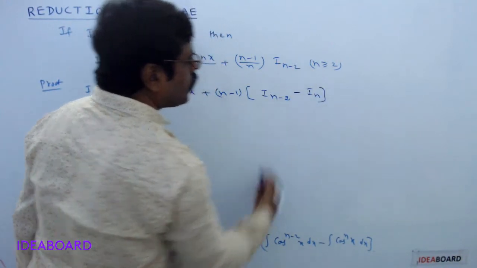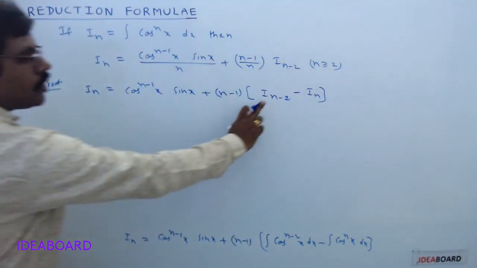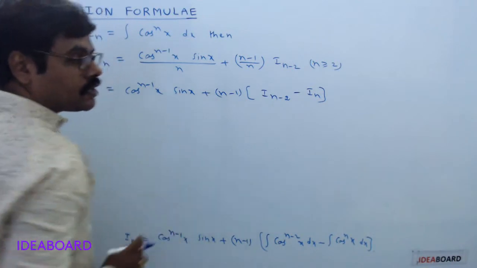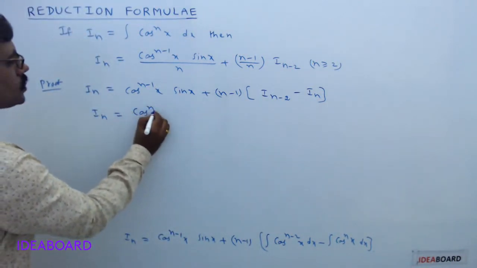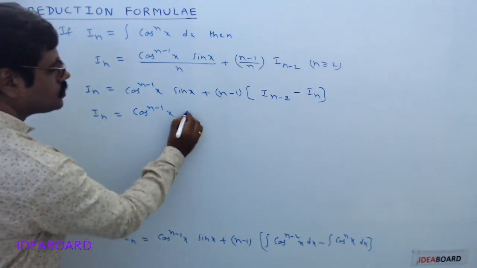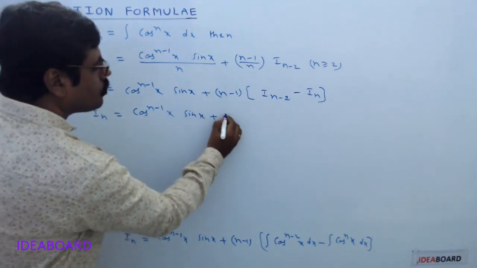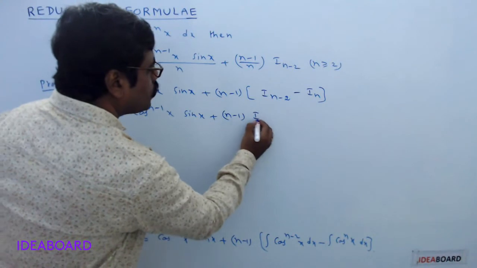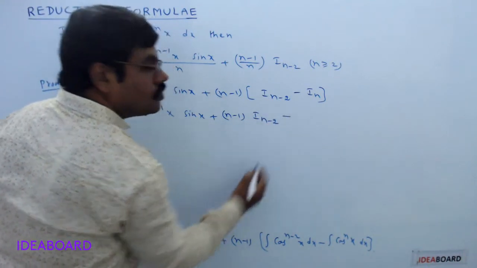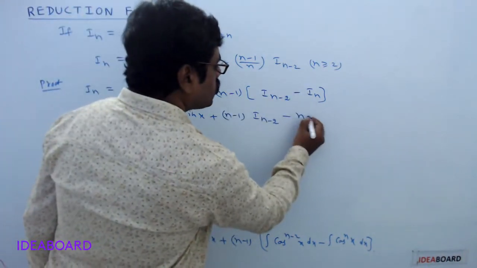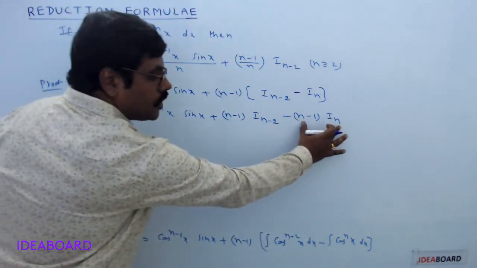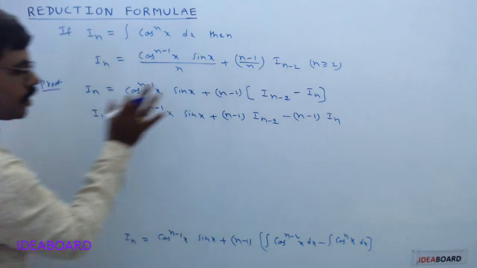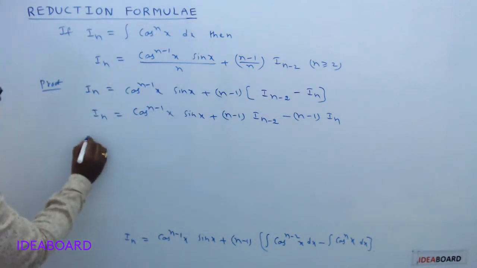So minus In. Now multiply these two terms with this n minus 1. So In equals cos power n minus 1 x sin x plus n minus 1 into I n minus 2 minus n minus 1 into In. Now bring this n minus 1 into In from RHS to LHS.